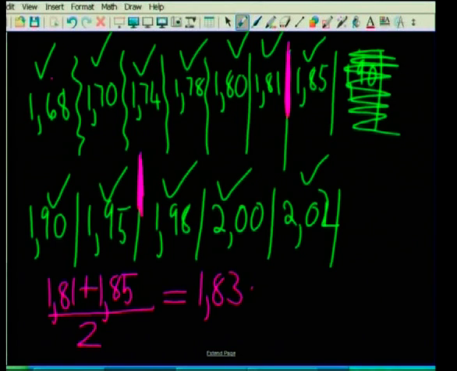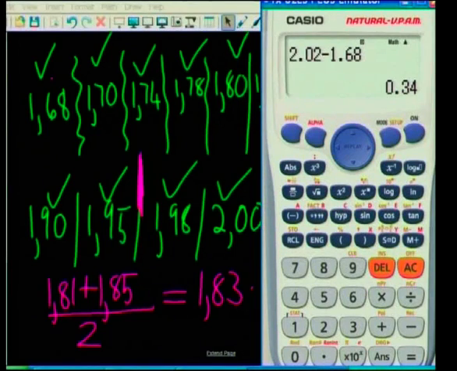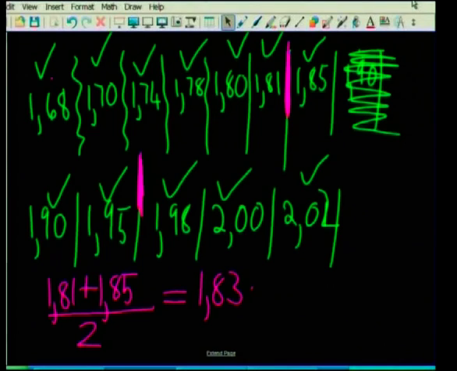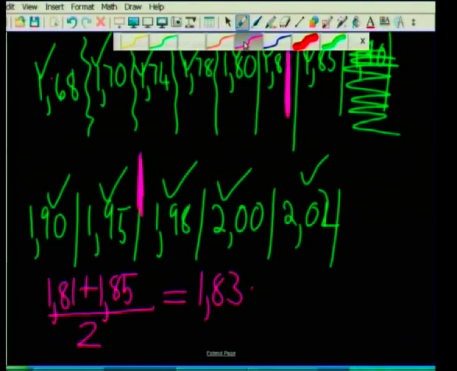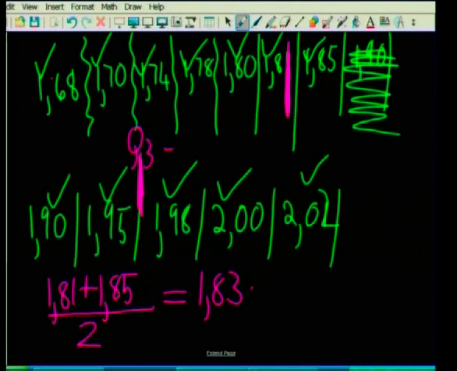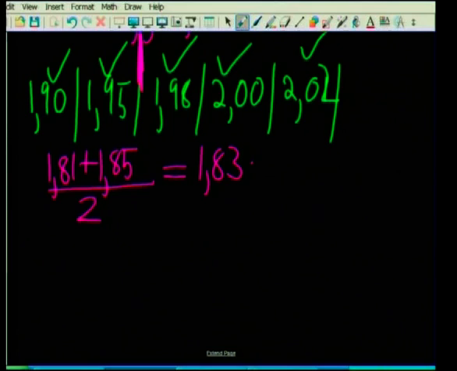Wait, let's just do it on the calculator. 1.95 plus 1.98 equals, divided by 2. That's 1,965, as I said, right? So this Q3 is 1,965.